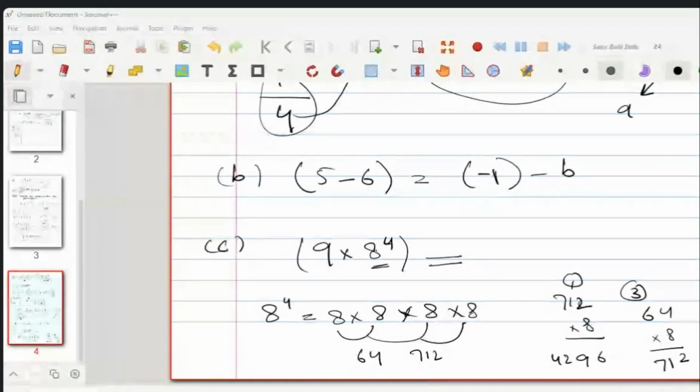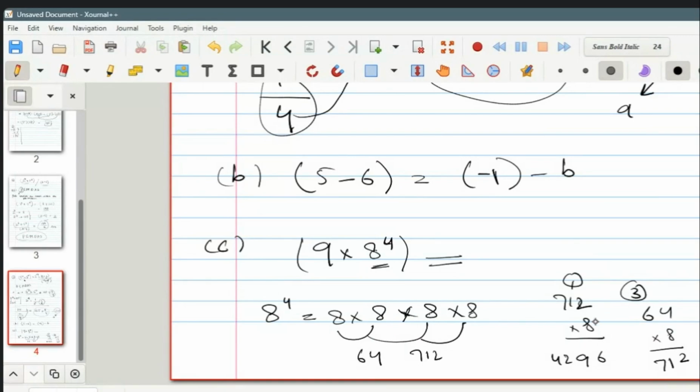Let me confirm this. I think this is 4296. You are saying that there is no 200 in between? No, teacher, it's 4096. Yes, it's 4096.